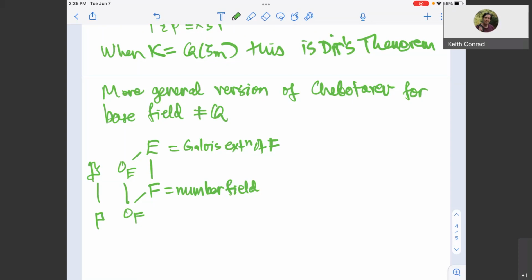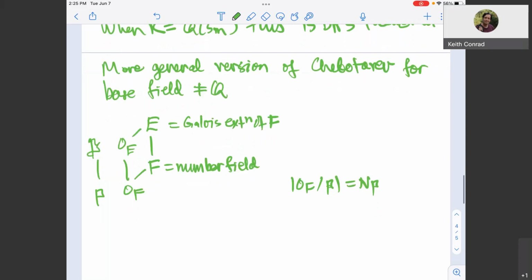Anyway, what's the analog of a prime number now is a prime ideal downstairs. And so the thing to realize is that instead of prime numbers for counting purposes, the residue field now has some size, the norm of the prime ideal downstairs. This is the replacement for the size of Z mod p. And so the extension of residue fields O_E mod its prime ideal contains O_F mod its prime ideal.